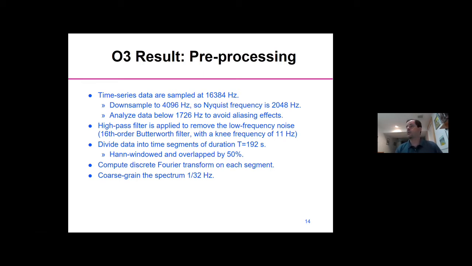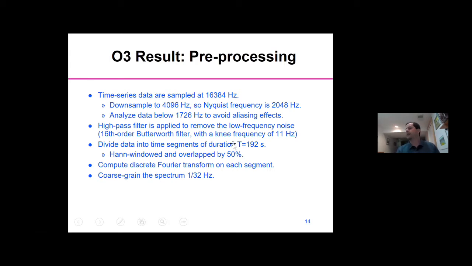And when you do analysis of finite data samples, such a large range going from low frequencies to high frequencies can wreak havoc in your Fourier transforms and so on. So to avoid that, we filter the data so as to remove the low frequency content, things below 10 hertz or so, and we use a very sharp filter, a 16th order Butterworth filter with a corner frequency of 11 hertz. So that's to remove the low frequency stuff.